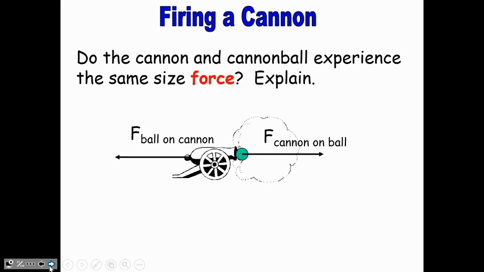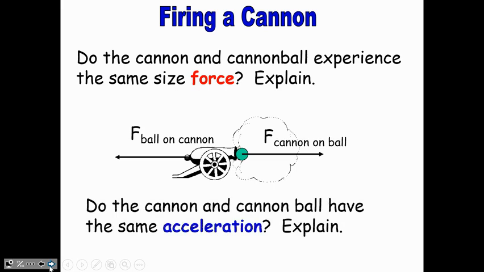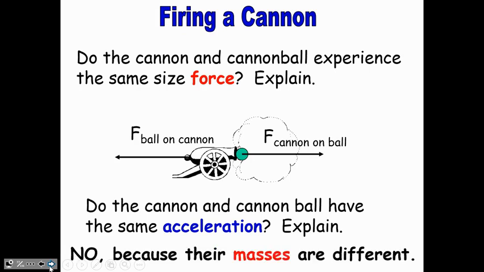The cannon is much more massive than the cannonball. Therefore, the cannon has much more inertia and more of a tendency to resist a change in its motion. That's why they have different accelerations.